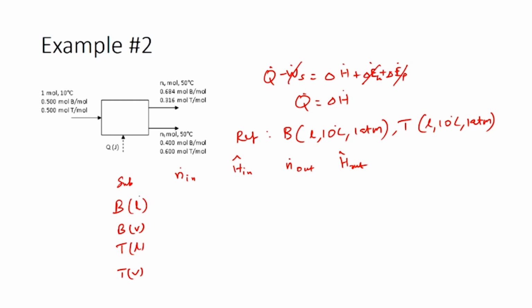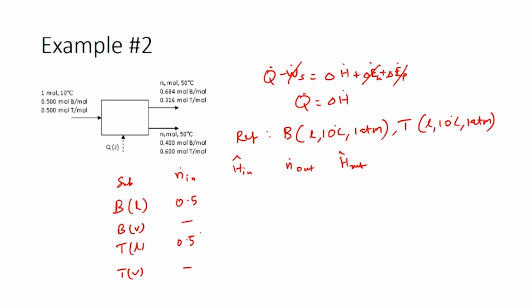So, in the inlet stream we have only benzene liquid and toluene liquid entering the system, which means benzene vapor and toluene vapor do not have to be accounted for in the inlet stream. So, from the mass balances which we performed and the basis we had, we can identify the molar flow rates or the number of moles of benzene liquid and vapor and also the toluene liquid and vapor in the inlet and outlet streams. So, we know 0.5 moles of benzene liquid and 0.5 moles of toluene liquid are actually entering into the system.